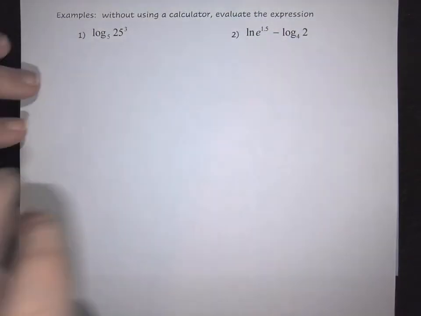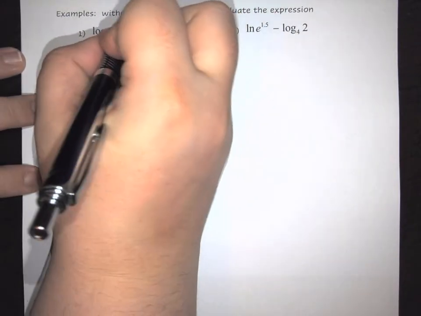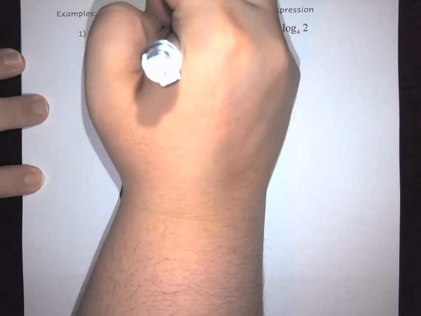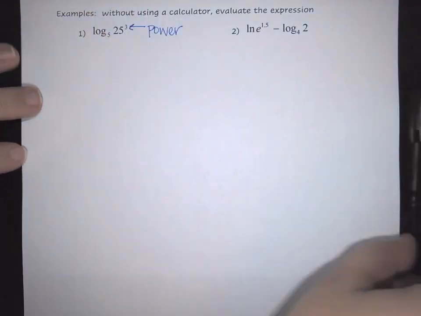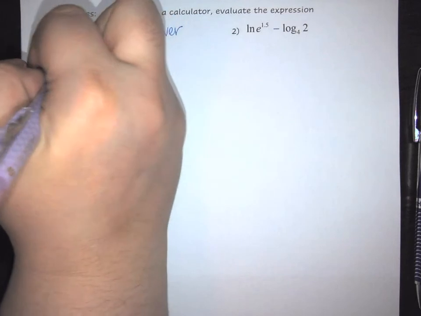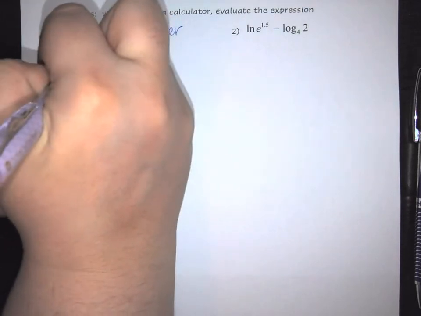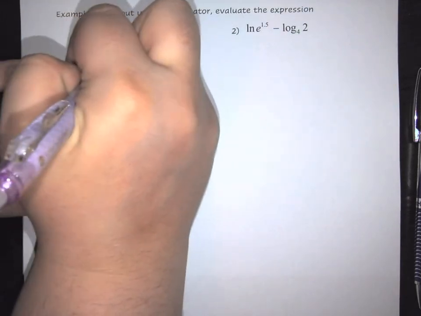So here, the first thing that we want to do is use the power rule. The power rule says that the power goes down in front, so this becomes 3 log base 5 of 25.